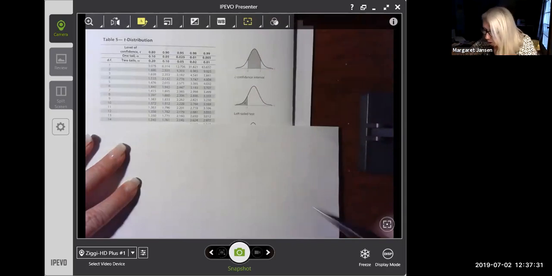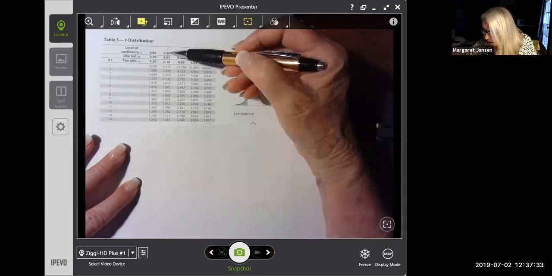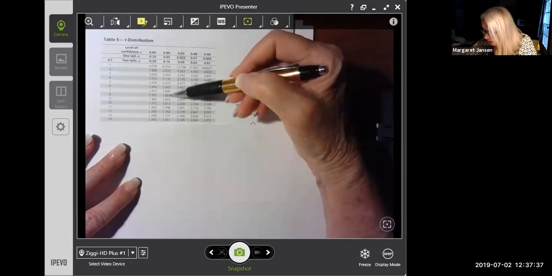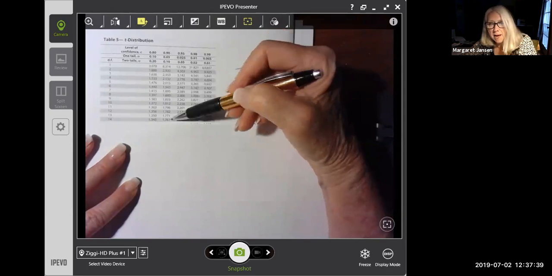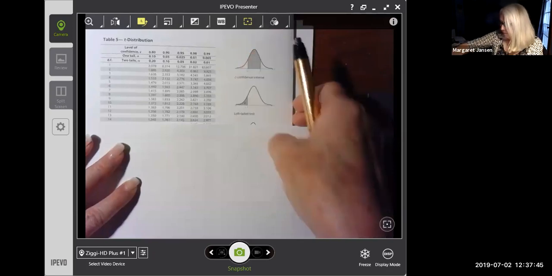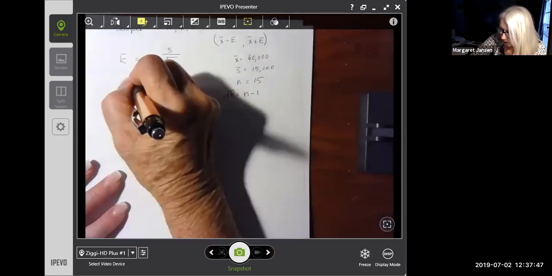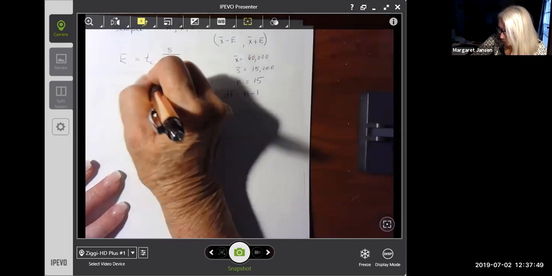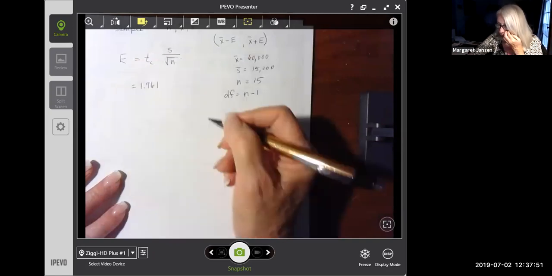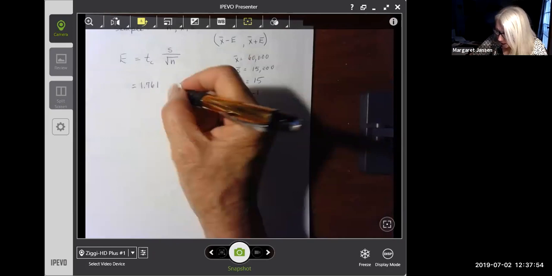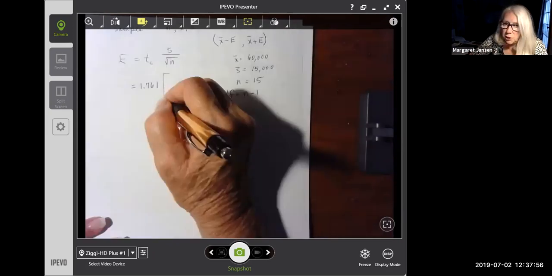So that is a confidence level of 90%. So I go down this column, and there's my critical value, 1.761.